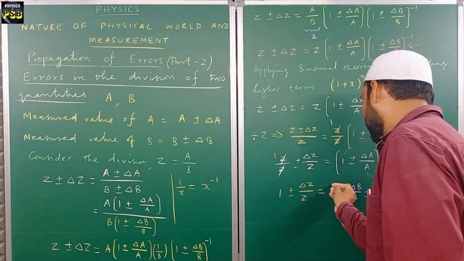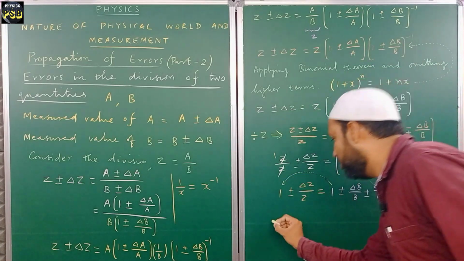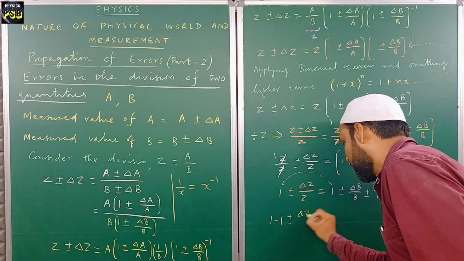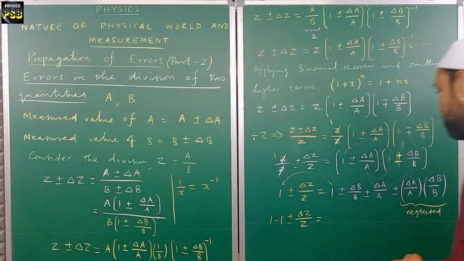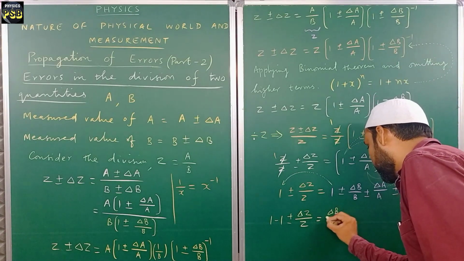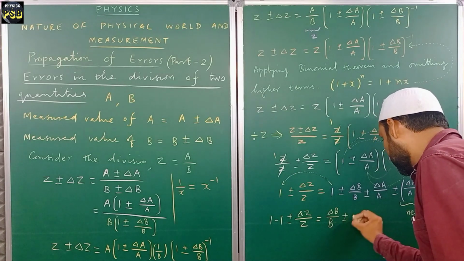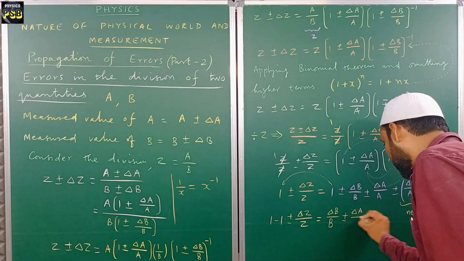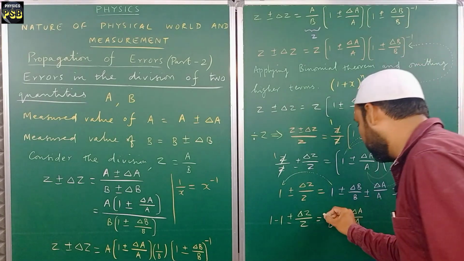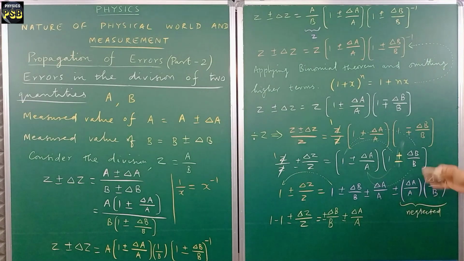One more thing I will do: I take this part to the left hand side. This plus 1 will become minus when it is taken to the other side. So what remains at the end is plus or minus delta B upon B plus or minus delta A upon A. Here I also have plus or minus, that I forgot to mention, and this part is neglected.